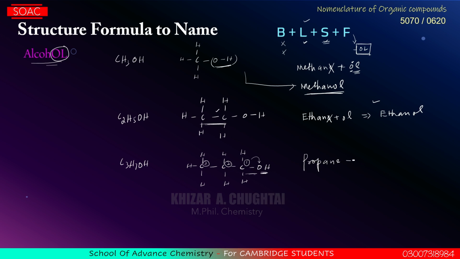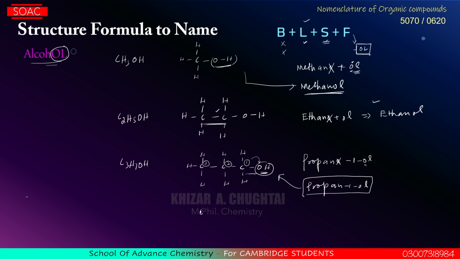In this case, its position is 1, and -ol for the OH group, alcohol. So 1-ol. Again, this is a vowel, so I'm removing this E. So its name is propane-1-ol, propan-1-ol, or propanol is the name of this compound.